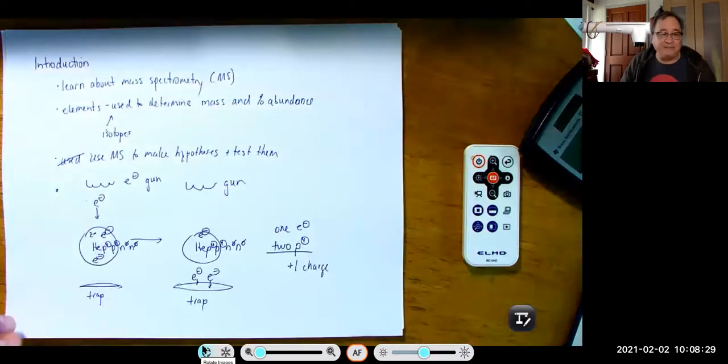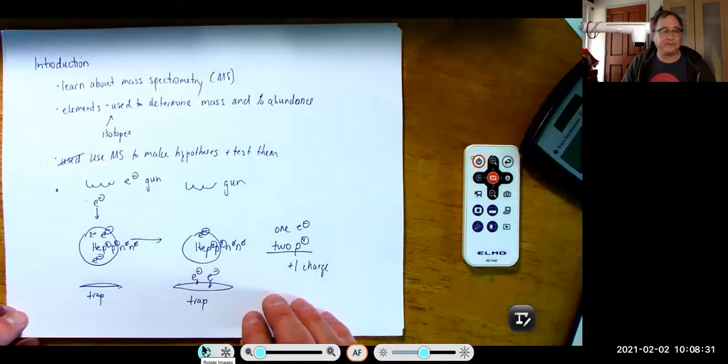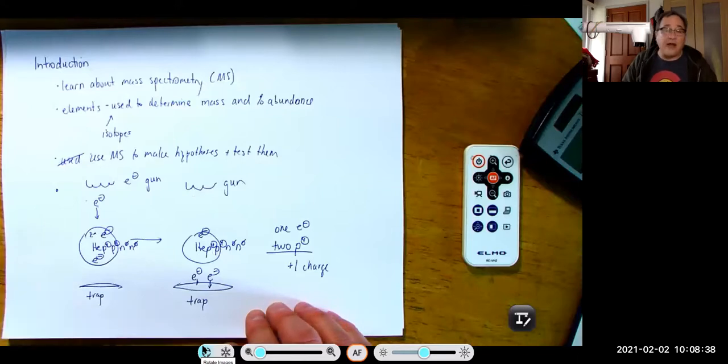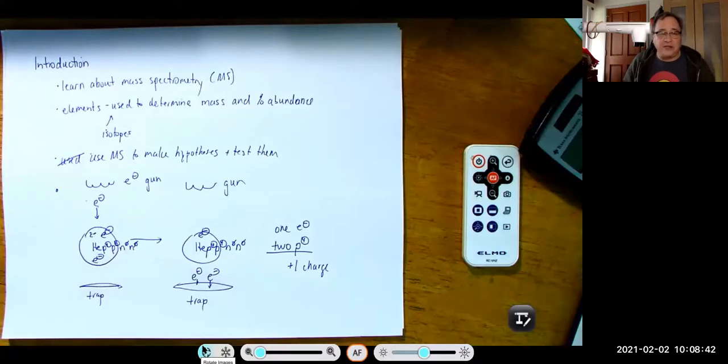That's called a cation. So that's what happens with your electron gun is you knock an electron off of an atom or a particle. It doesn't have to be an atom, it could be a compound. Like you could put H2O in this and you could knock an electron off. And if you knock 1 electron off, you're going to get a +1 charge.